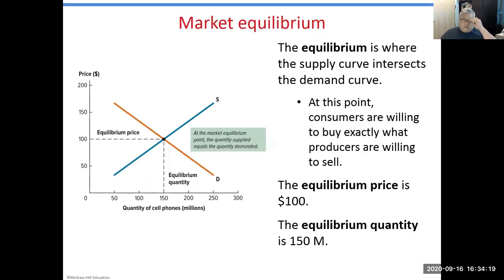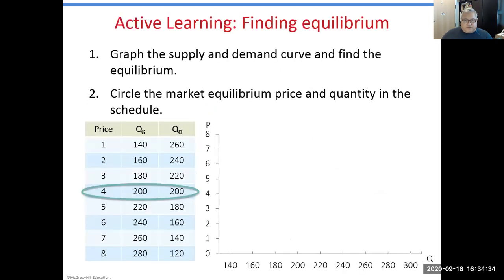Okay. So to summarize, an equilibrium is a condition in which the supply and demand functions of the market both find common agreement at a particular price and quantity, which is referred to as the equilibrium price and quantity.